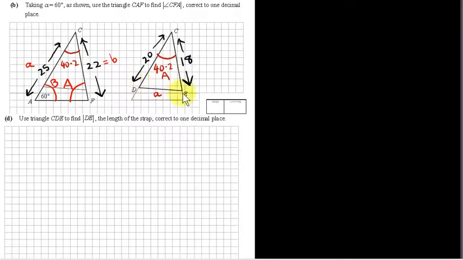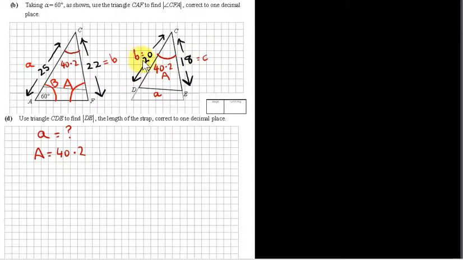Okay, so A is what's missing, what we're looking for. Capital A we have, it's 40.2 degrees. Now, small b and small c are the other two sides. We have the other two sides. We can call one of them B and the other one C. It doesn't matter. Let's call this one B. And let's call this one C.